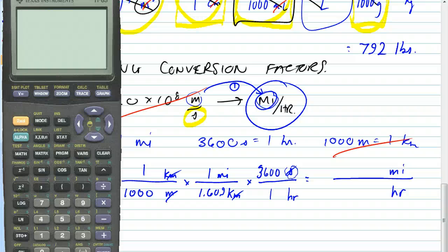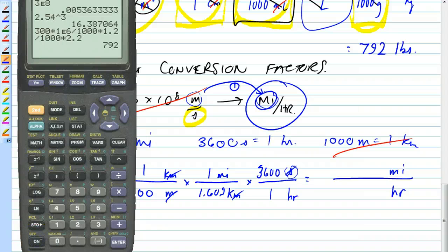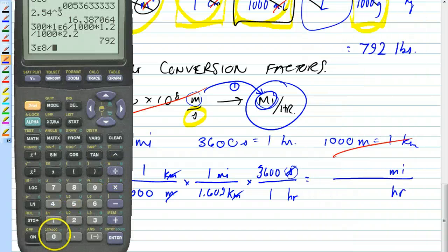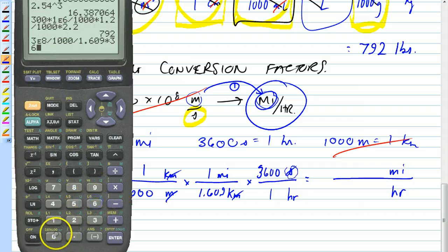So what would this be? I've got 3 times 10 to the 8th divided by 1,000 divided by 1.609 times 3,600.